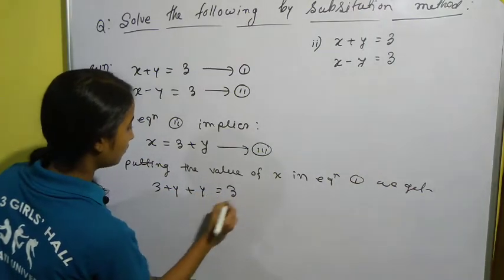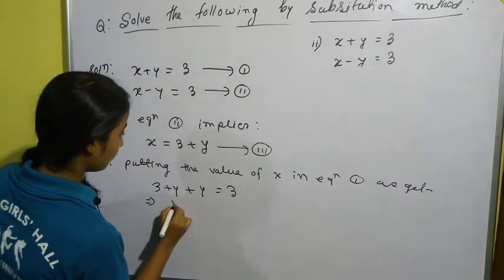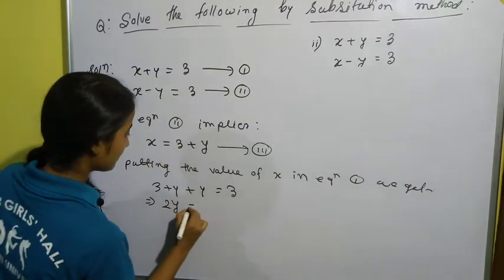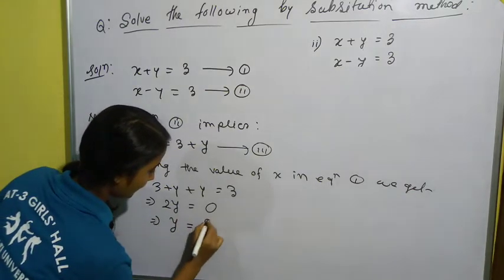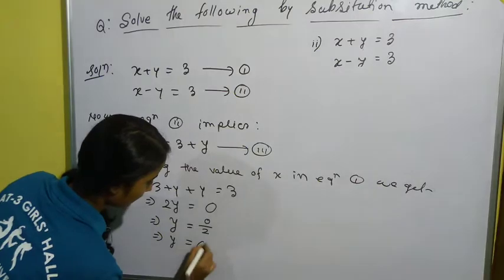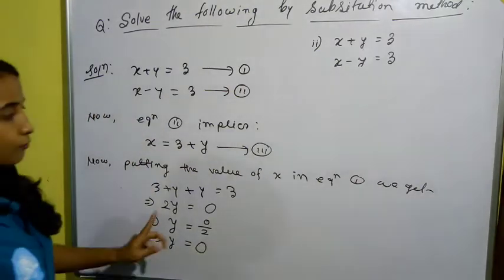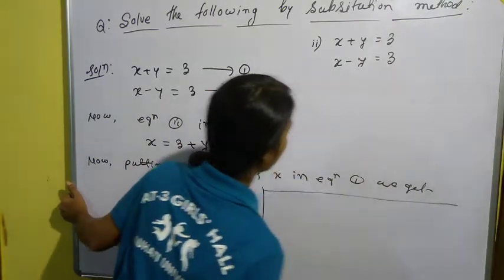is equal to 3. That means twice y is equal to 0. Y is equal to 0 by 2. That means y is equal to 0. The value of y is equal to 0. Now, what is the value of x?